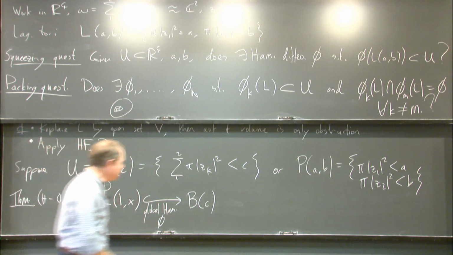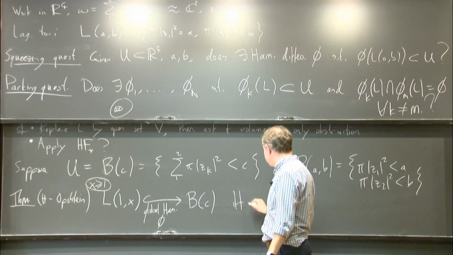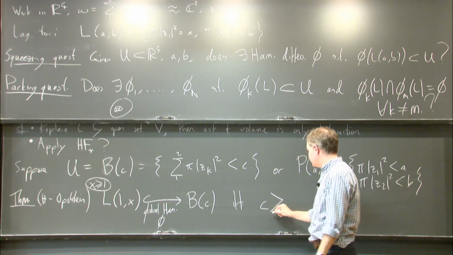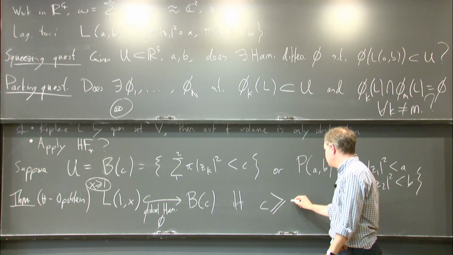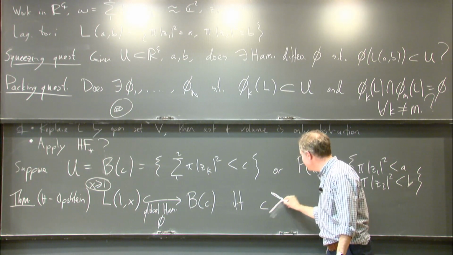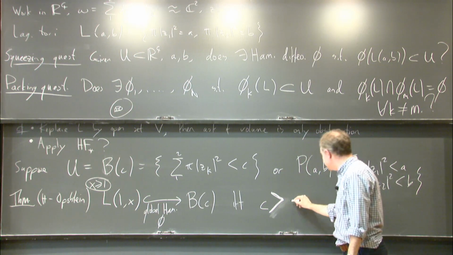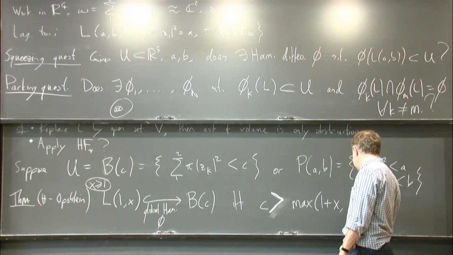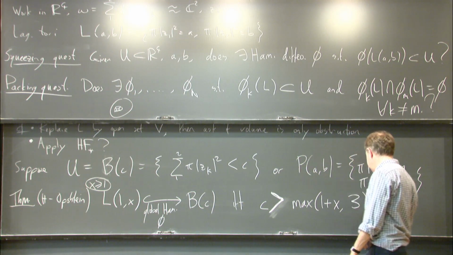Okay, so this is here. Then this is if and only if C is greater than, actually. Right, so this ball's open. Let's be careful. It's an open ball. So this is true if and only if C is strictly bigger than the maximum of 1 plus x and 3.